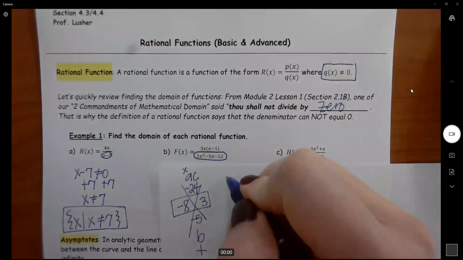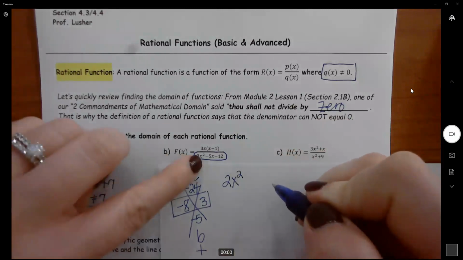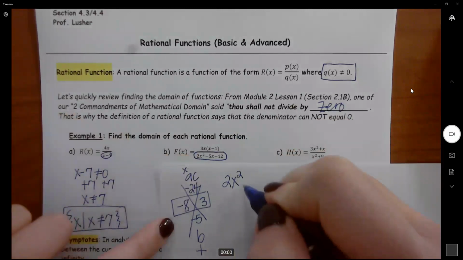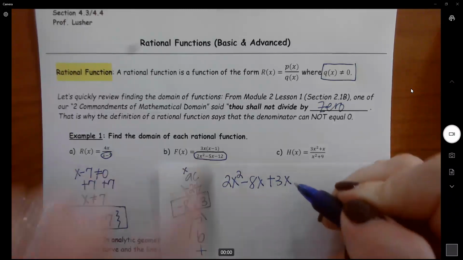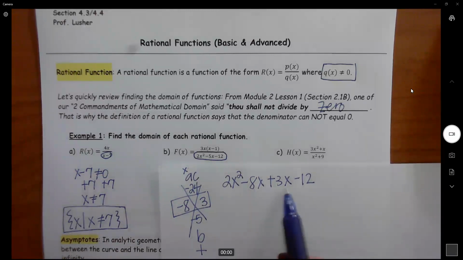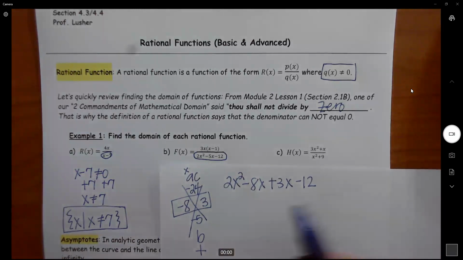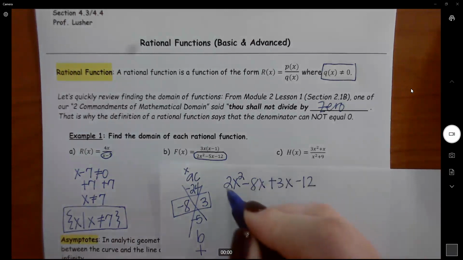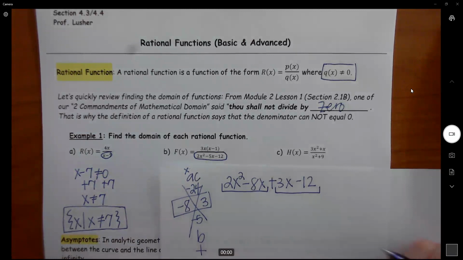Because it's hard, we have to rewrite the middle term. I'm going to keep my 2x squared, but my negative 5x becomes negative 8x plus 3x, and then I'll keep the last term of negative 12. If I combine like terms, I get back to negative 5x, so I've not changed this at all. Now that we have 4 terms, we're going to factor by grouping.